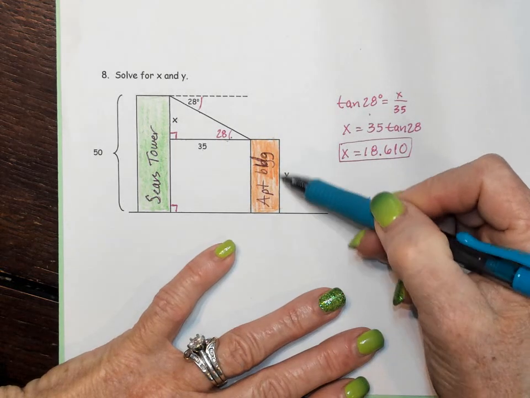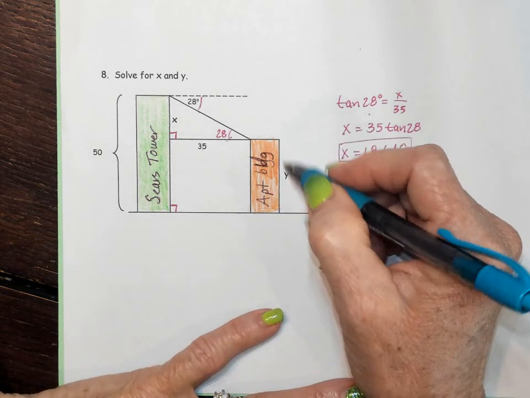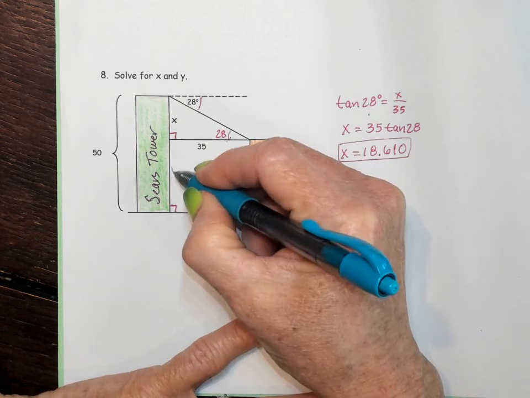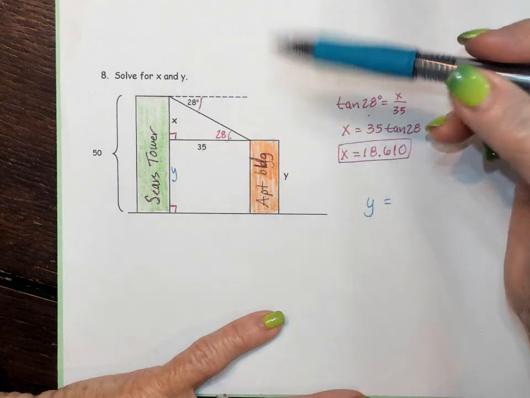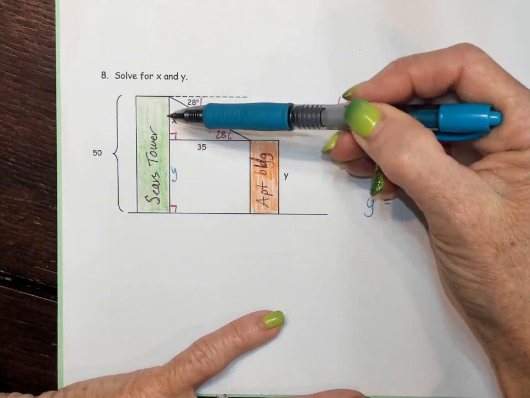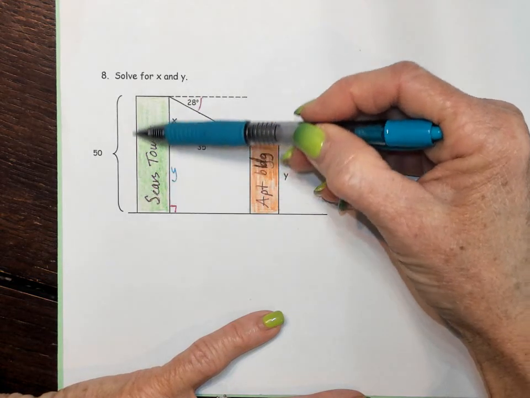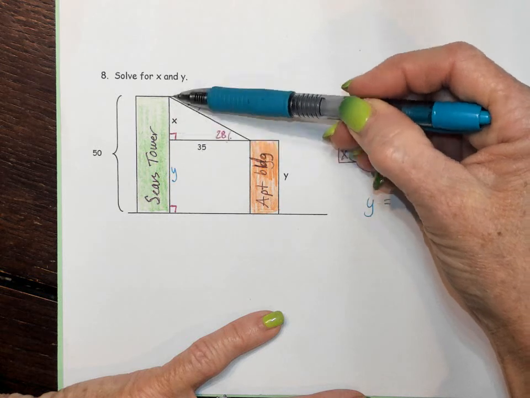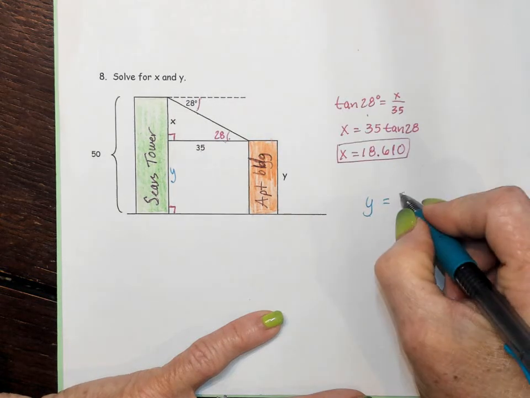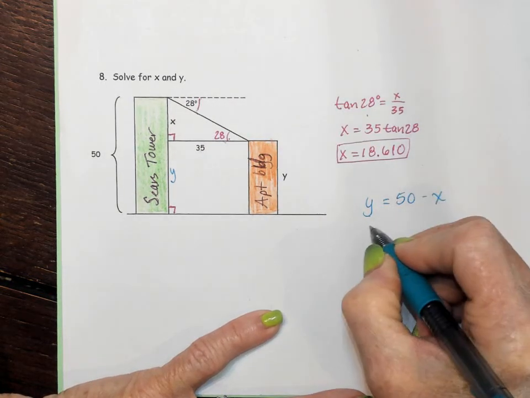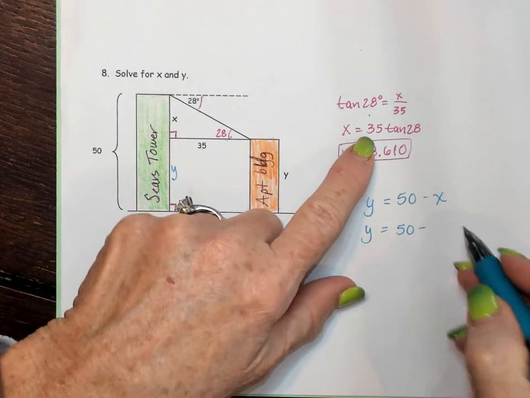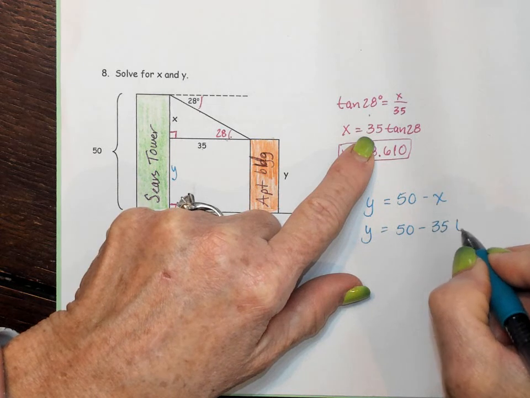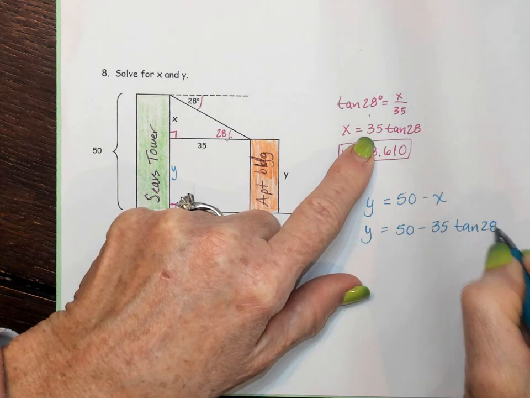Y is this piece here, but that's also that distance right over here. So if we know what x is, we can do 50, this whole thing, minus the x. Minus that 35 tangent 28.